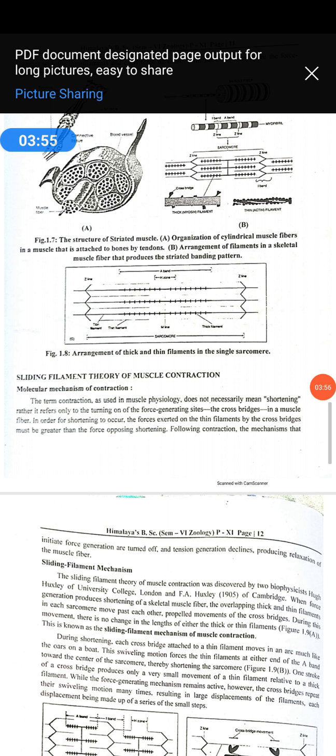I already explained this in the last period. So when an impulse is generated, it is carried through the motor nerves, spreads throughout the sarcolemma, and the sarcoplasmic reticulum releases most of its calcium ions.